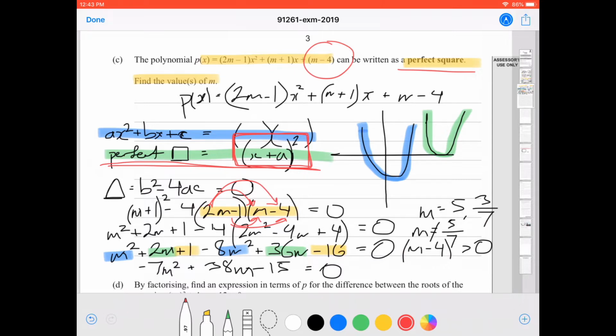And with m minus 4, if you were to substitute m equals 5 over 7 into that, you would get, and we can calculate it, 5 over 7 minus 4 is negative 23 over 7. So that's a negative number. If you substituted in m equals 5, 5 minus 4, that's 1. So m equals 5 only.